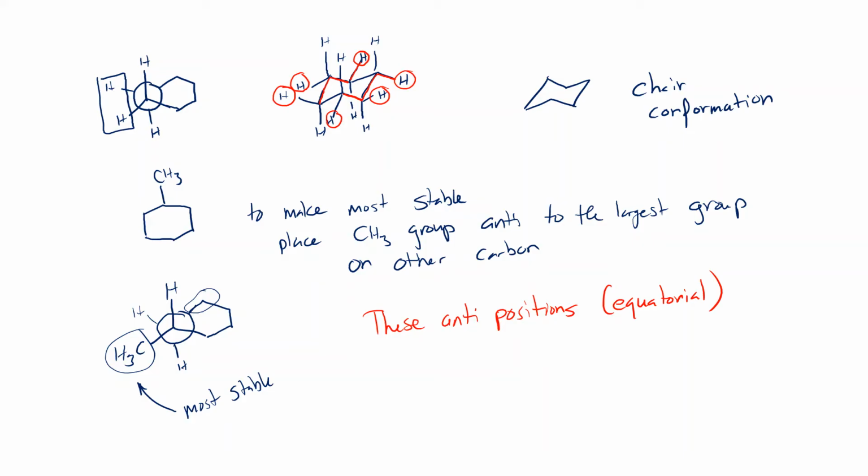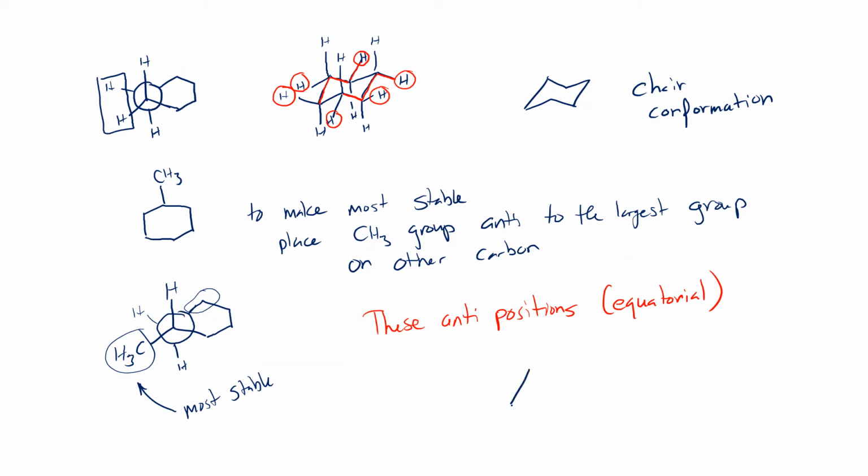They all point around the middle of the ring, out away from the ring, as opposed to the other groups, which I'm going to redraw. So the anti-positions are in red. That's the equatorial positions.